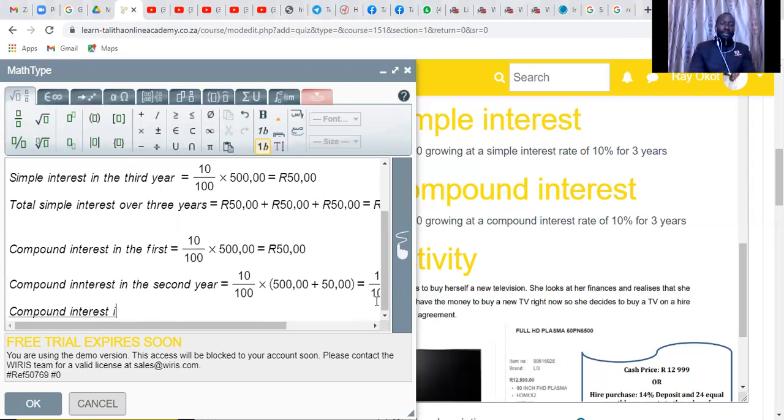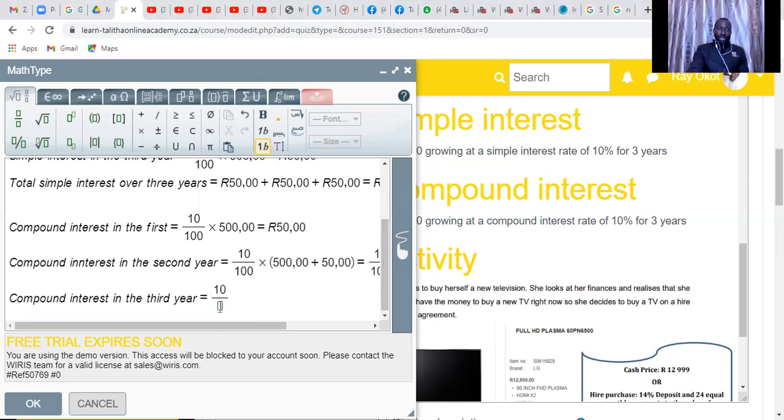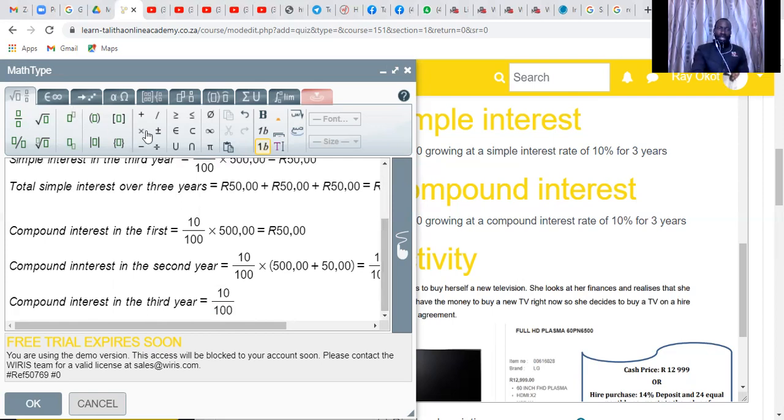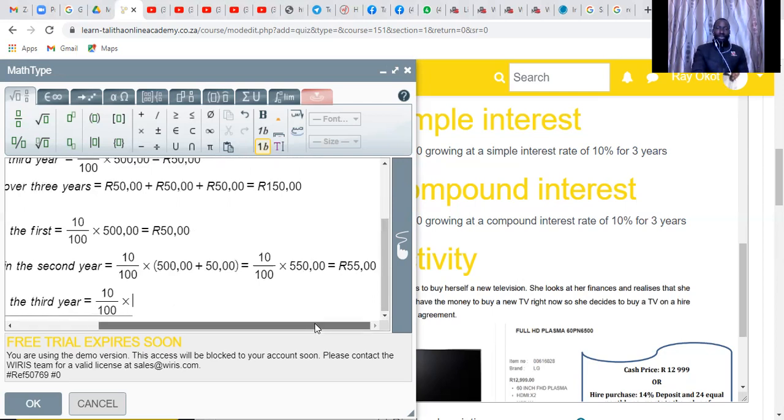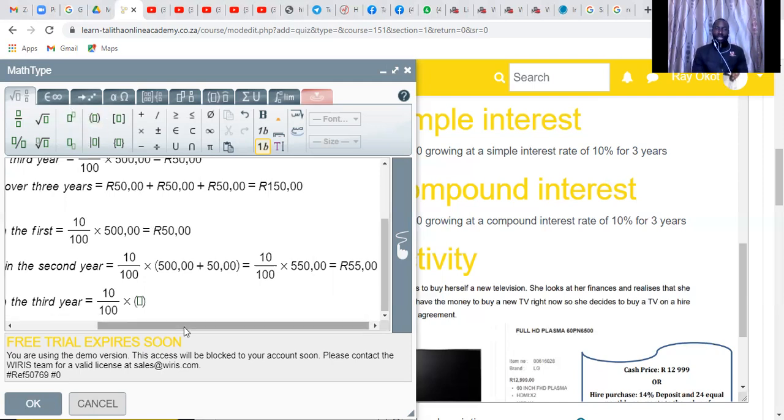We calculated a similar approach, that is 10%, which is 10 out of 100, of this new amount, the new amount of money, okay? 10% of the original amount of money plus the interest.